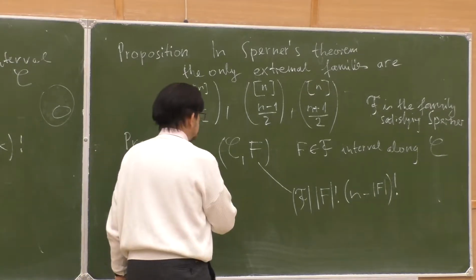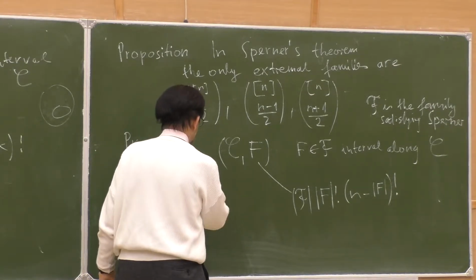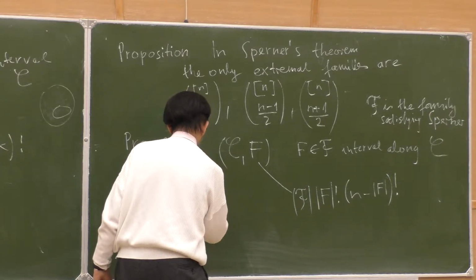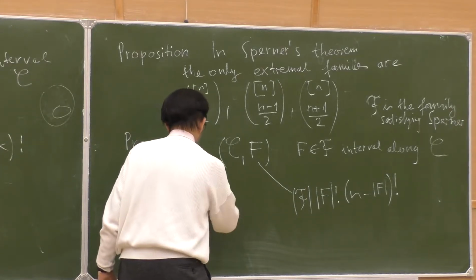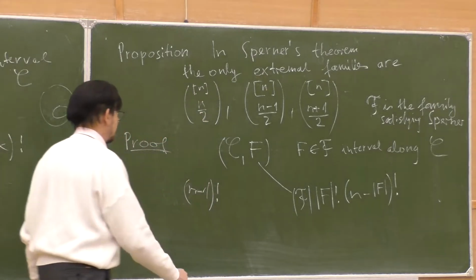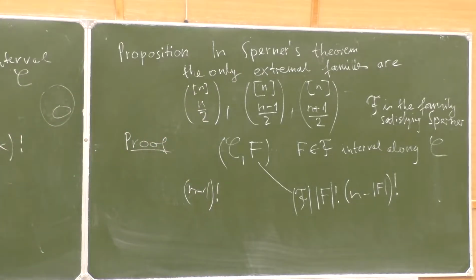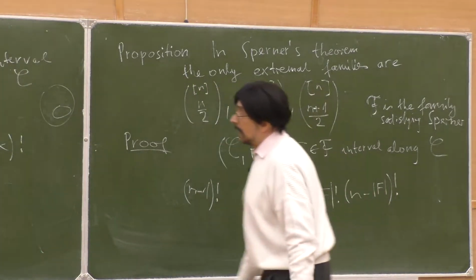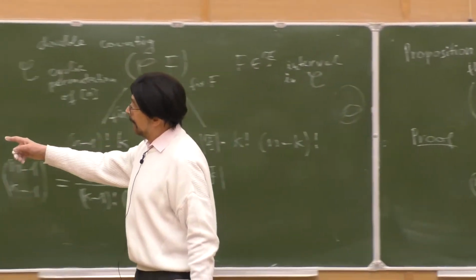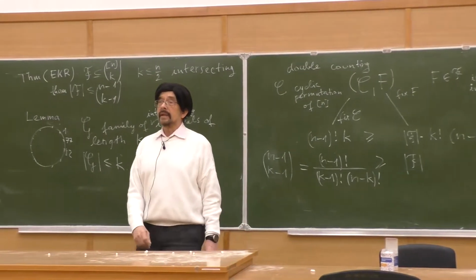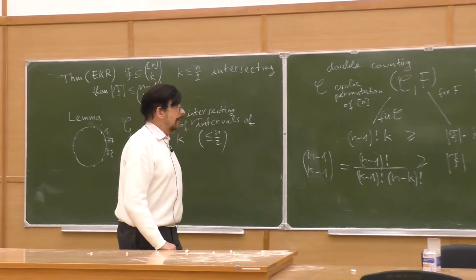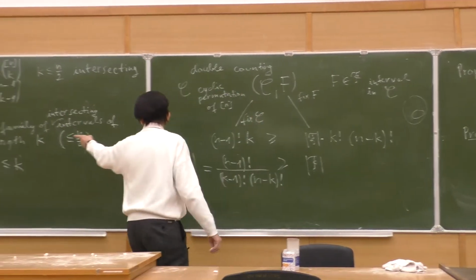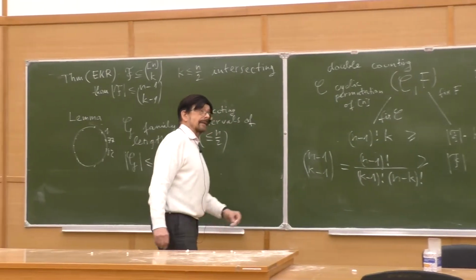But now, again, the number of cyclic permutations is n minus 1 factorial. But what can we say about the maximum of the numbers of intervals along the cycle?